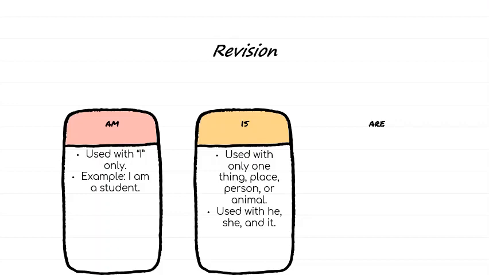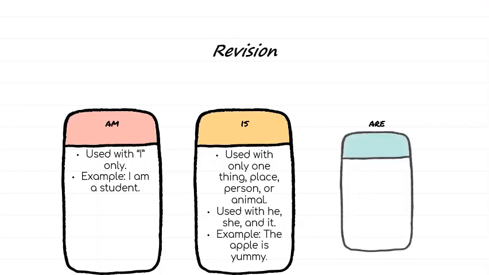We also use it with he, she, and it. For example, the apple is yummy. And here, apple is only one. What do you think? Place, animal, or thing? Apple here is one thing.